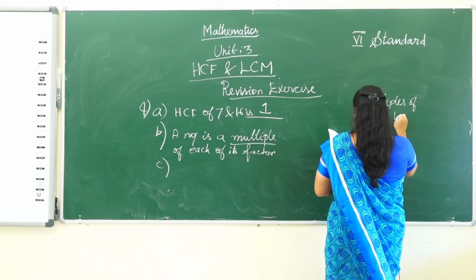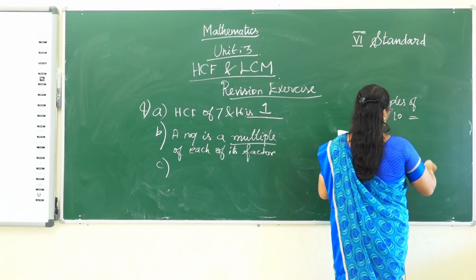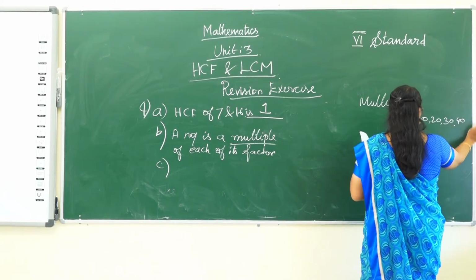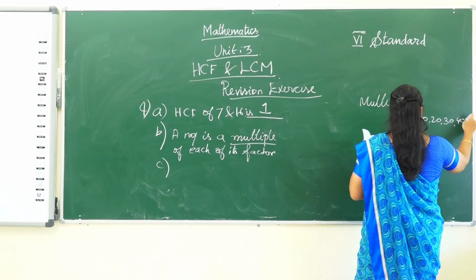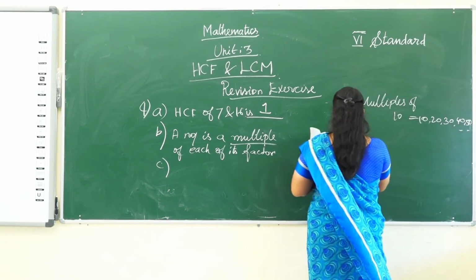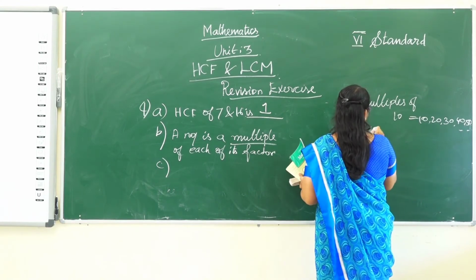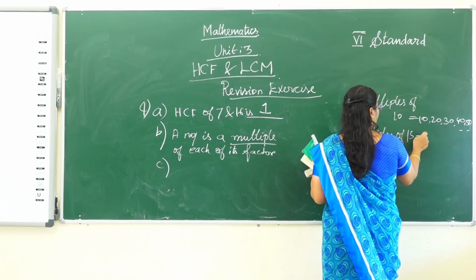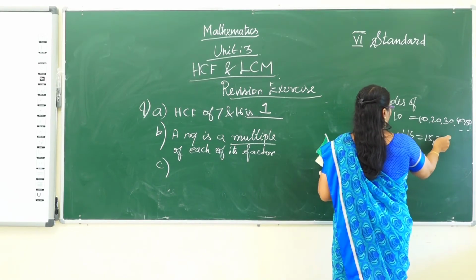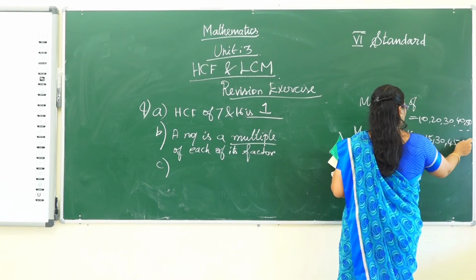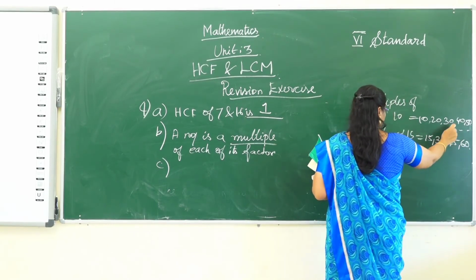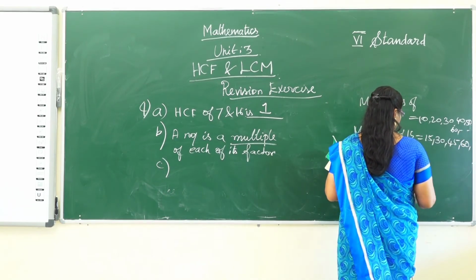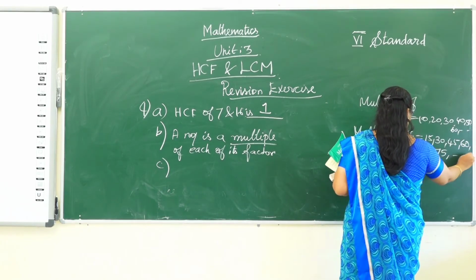Multiples of 10: 10, 20, 30, 40, 50, endlessly going. Then multiples of 15: 15, 30, 45, 60, 75, endlessly going.